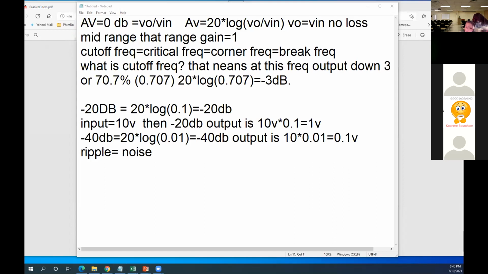You have to know it. Noise means what? Static, unwanted signal.